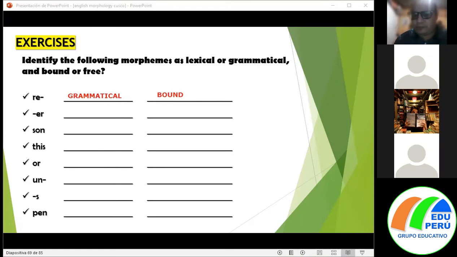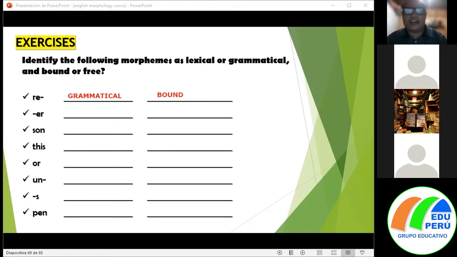Now I'm going to give you the opportunity to write. Ahora ustedes van a escribir, ¿no? Ustedes tienen en el Zoom un icono que dice anotar, no sé si lo pueden visualizar, para que ustedes puedan escribir. Just give me a second. Can you find it? You know how to use it? Yes?